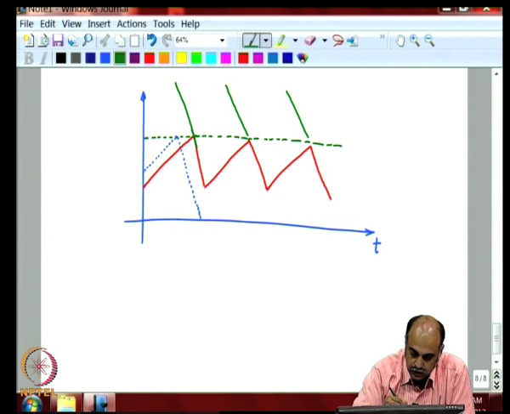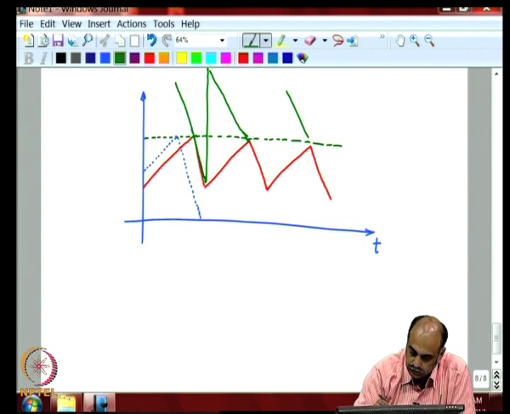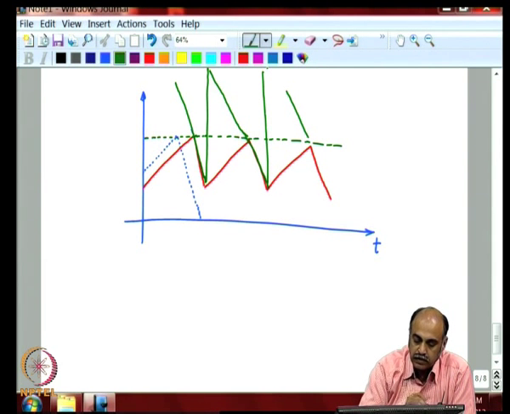It continues like that, and let us say it goes back, then continues like that in some fashion. Let us say the reference goes in this fashion.